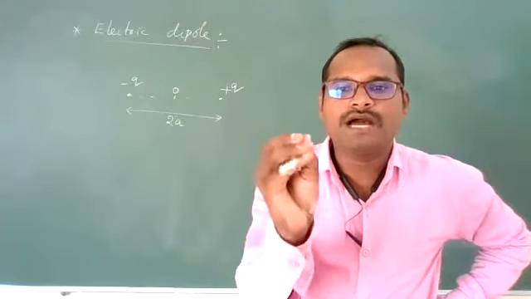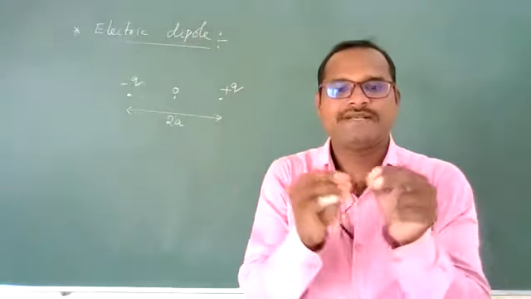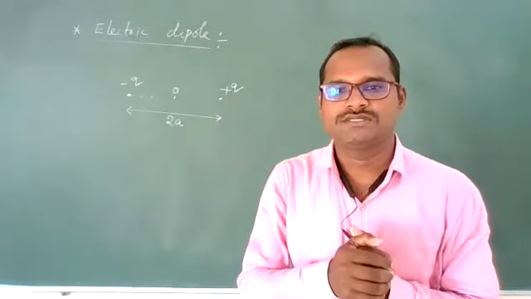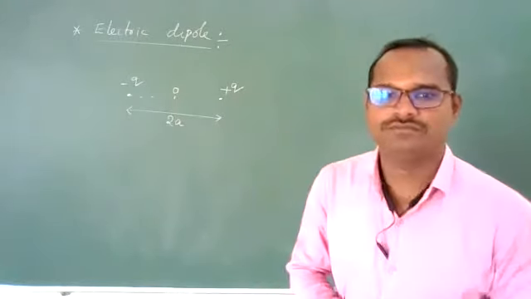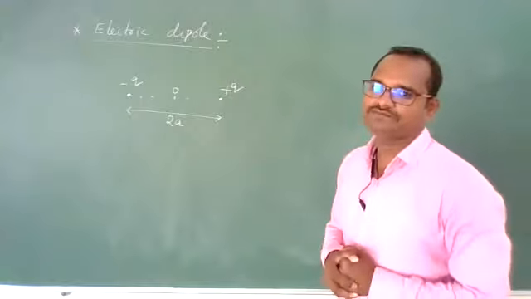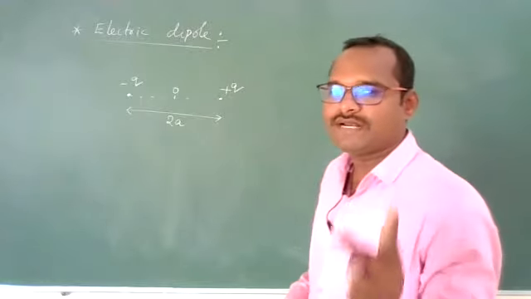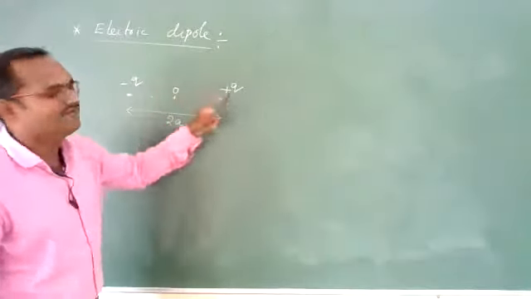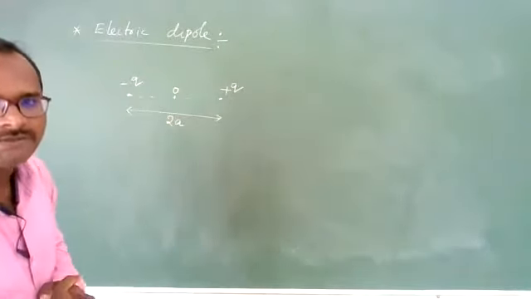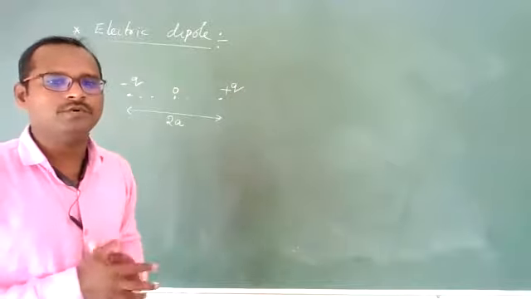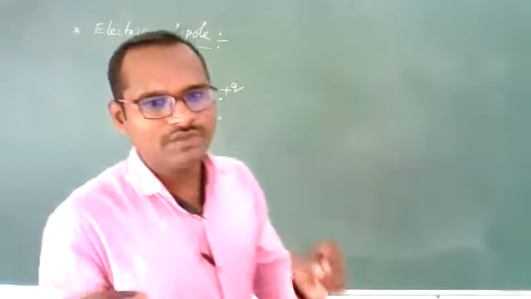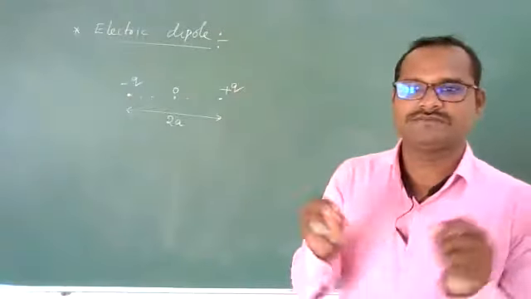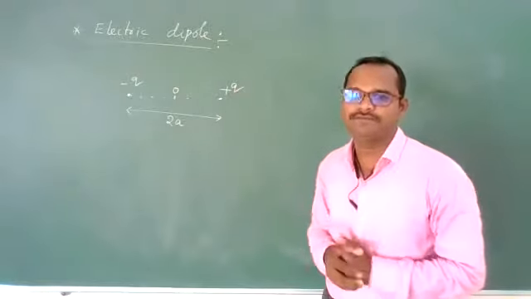When two equal and opposite charges are separated by some distance, an electric dipole will form. Are you getting, students? Okay, what is an electric dipole? When two equal and opposite charges are separated by some distance, an electric dipole will form.